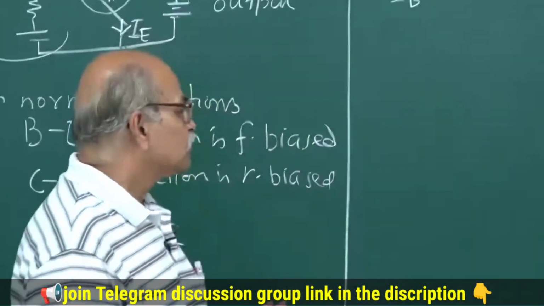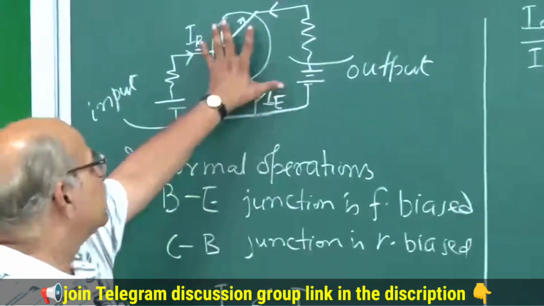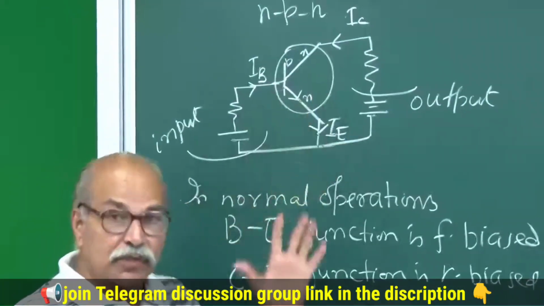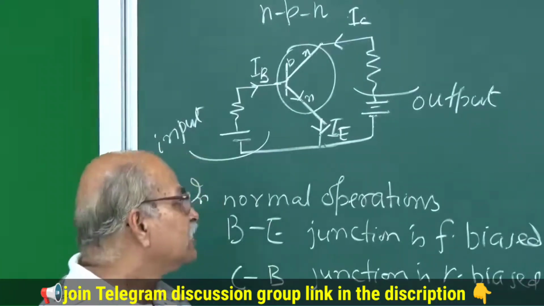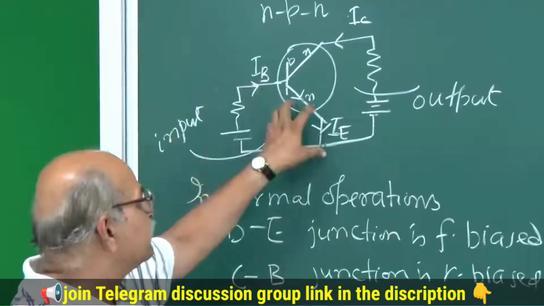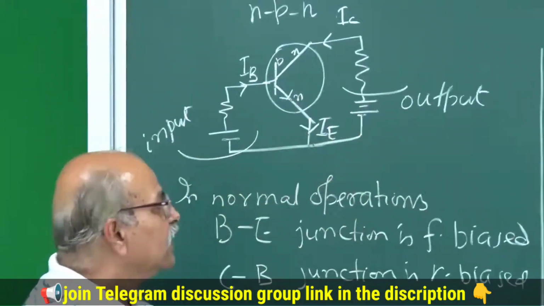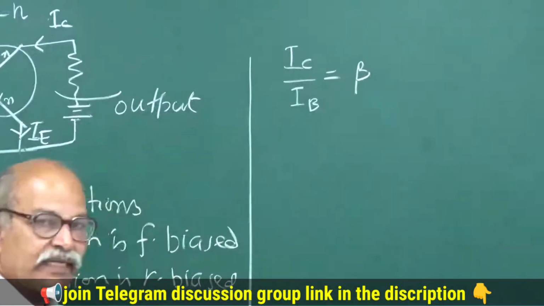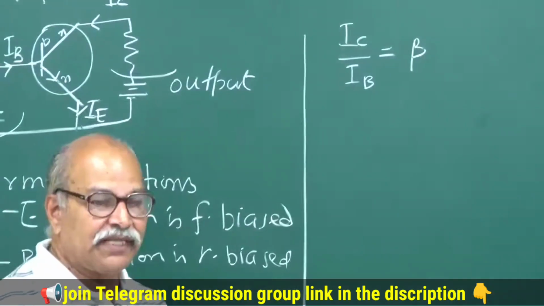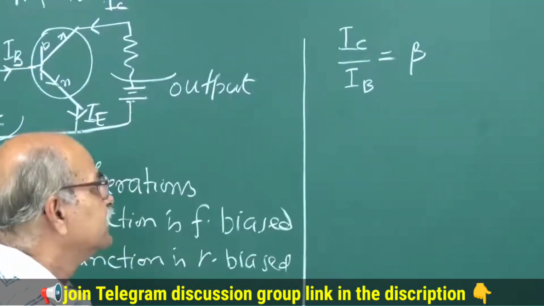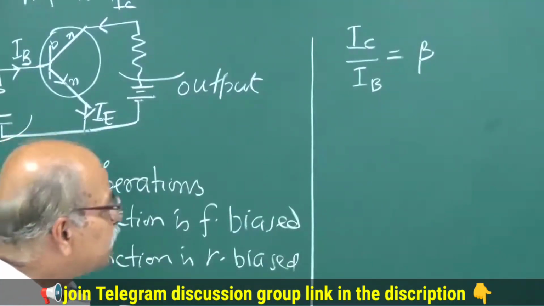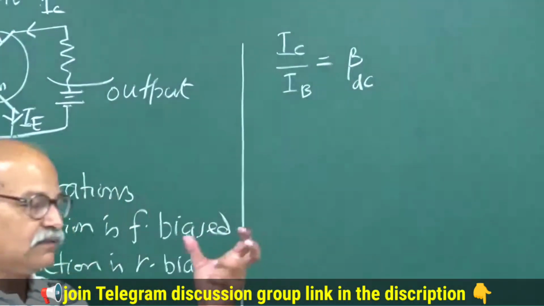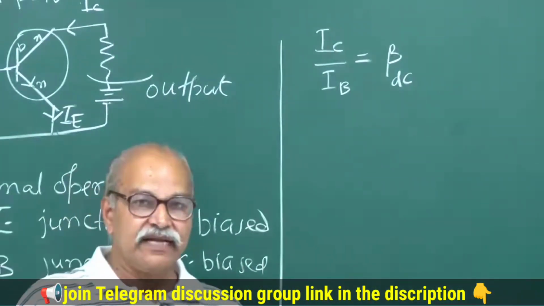So, it depends on all those things, but once those things are there, once the transistor is there, and then the biasing is also proper, right, so that this mechanism does take place, then this IC by IB, known as beta, is constant over a fairly good range. This is sometimes written beta DC, because we are just taking the ratio of IC and IB.